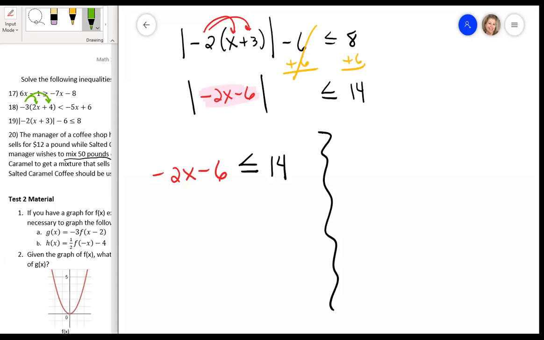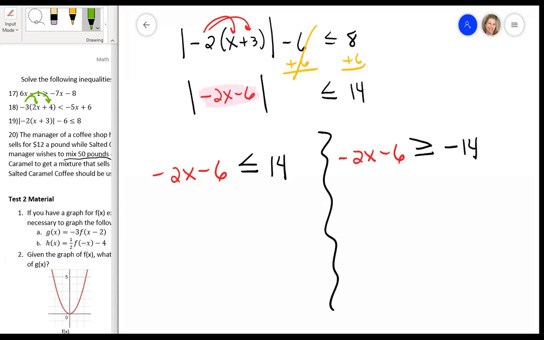But then you also have to take the -2x minus 6 and not only change the 14 to its opposite sign, which would be -14, but the less than or equal to also gets changed to its opposite sign, which is greater than or equal to.